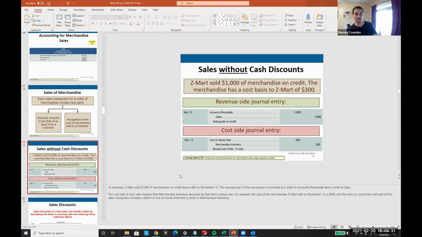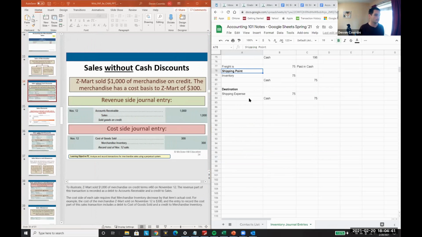And so let's look at it from the revenue side of things now. So on the revenue side, we're going to look at when we sell the asset. Let's say we're going to sell inventory on receivable, or on credit.